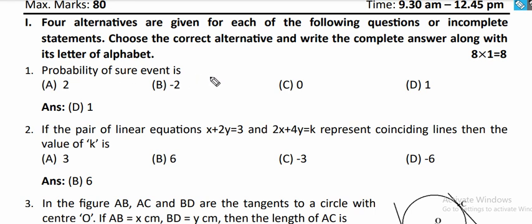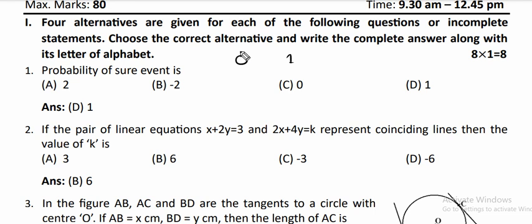The probability varies from the impossible event to the sure event.